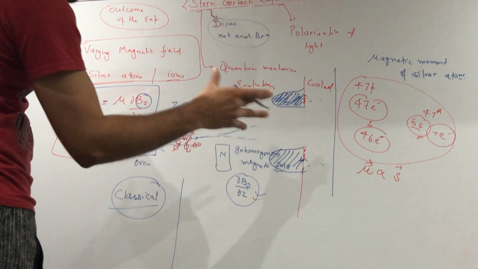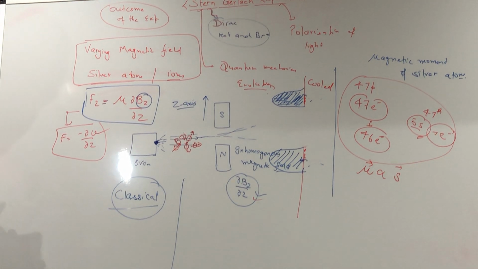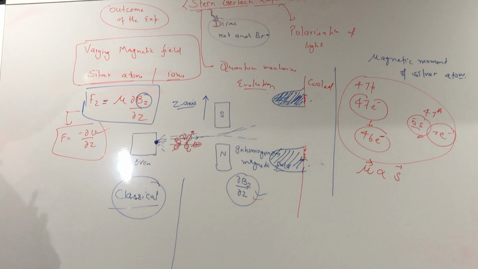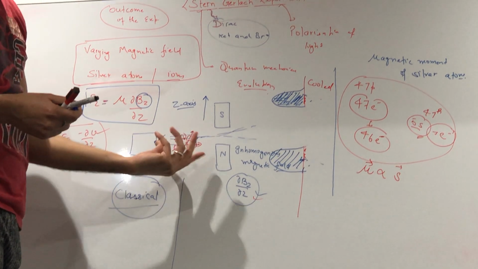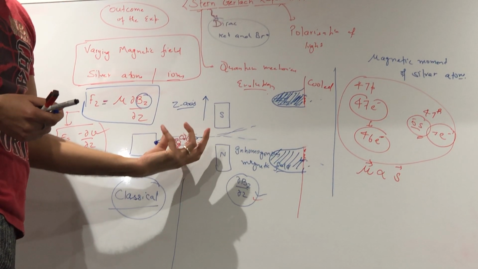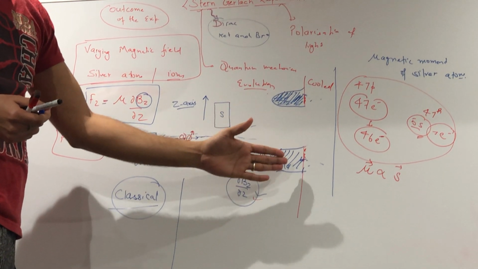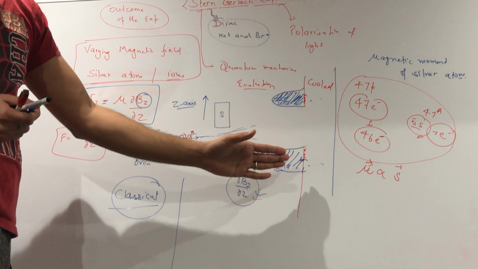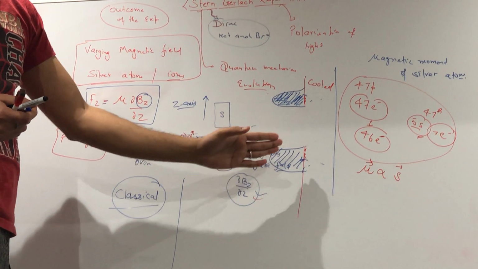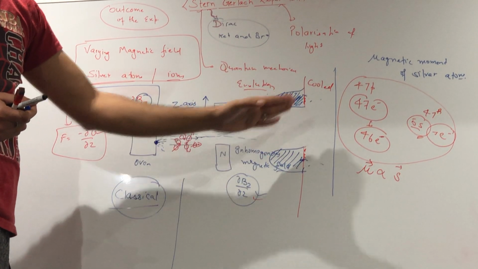Now what does it mean? It means that although we are not sure about the orientation of the electrons, the silver atoms are collected on the two sides, on the two spots, and there is a gap.